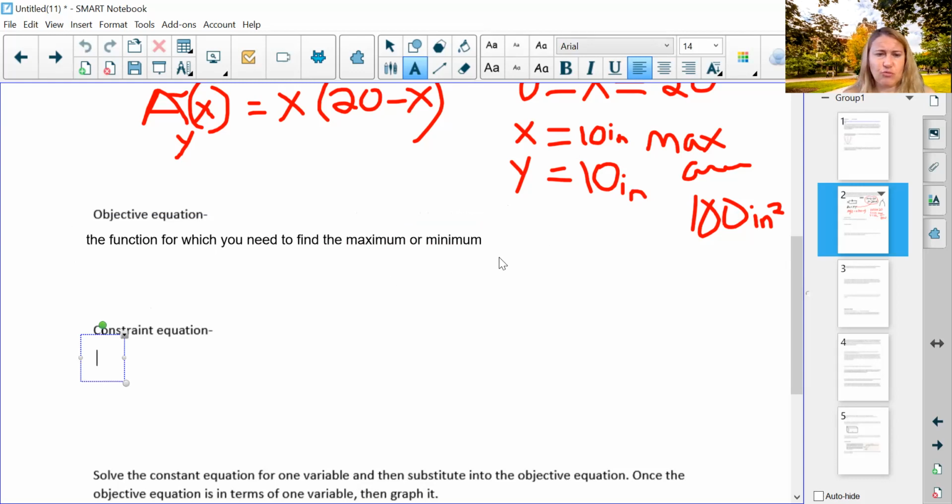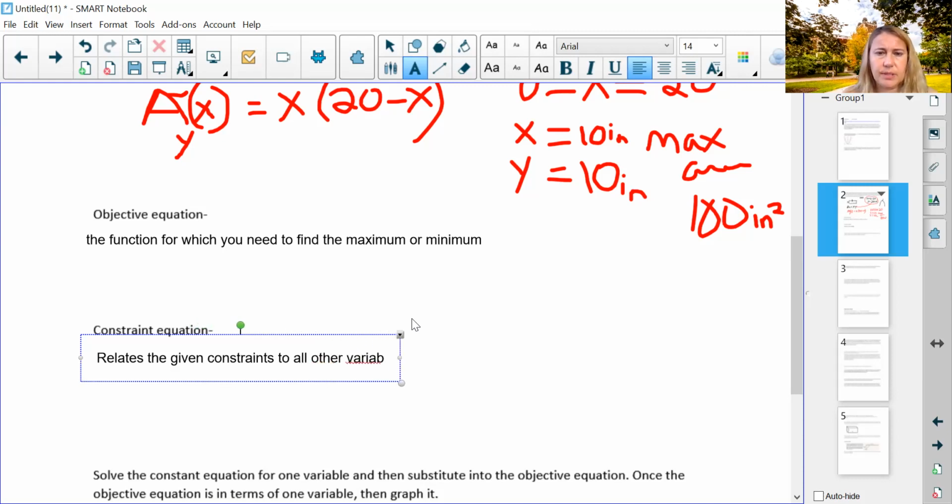All right, then the constraint, just like it sounds, it relates the given constraints to all other variables in the problem. Did I spell constraints wrong? I didn't have my S.